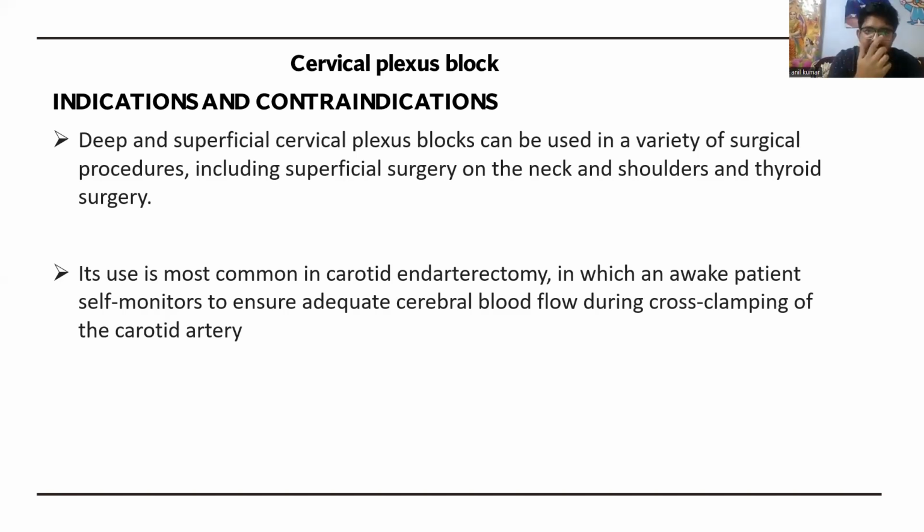So what are the indications and contraindications of this cervical block? Deep and superficial cervical plexus blocks can be used in a variety of surgical procedures, including superficial surgery of the neck and shoulders and thyroid surgery also. It is used most commonly in carotid endarterectomy, in which the awake patient self-monitors to ensure adequate cerebral blood flow during cross-clamping of the carotid artery.